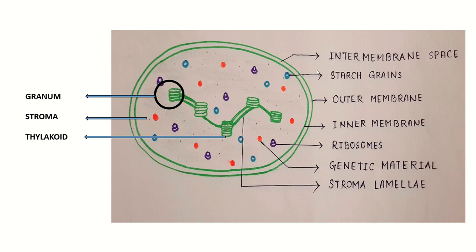Here comes the outer membrane, the inner membrane, and in between we have the intermembrane space. It has starch grains in it, ribosomes which are of 70S type, and it has its genetic material. That means it has its chloroplast DNA, it has its own RNA. That is why we call it a semi-autonomous organelle.